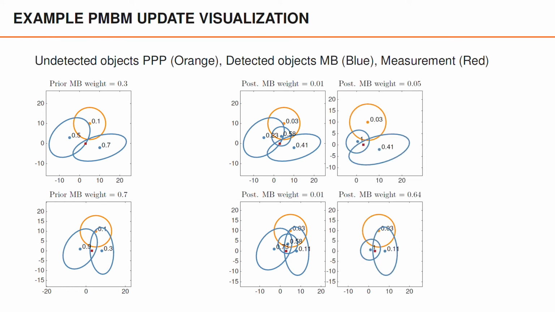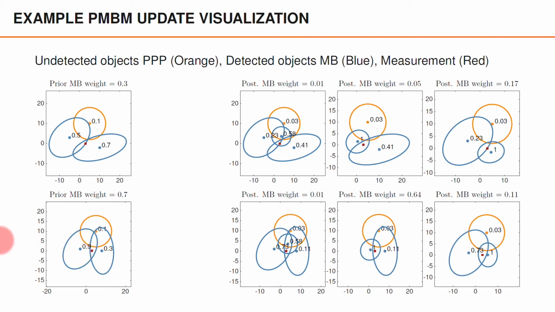Second, we have an association of the measurement to one of the prior Bernoullis, in these 2 illustrations to the prior drawn on the left. And lastly, we have the association to the other Bernoulli, so in these illustrations, the prior drawn on the right. And we see that we now have a different number of Bernoullis in the posterior multi-Bernoullis. In 2 of them, we have 3 Bernoullis, and in 2 of them, we have only 2 Bernoullis.